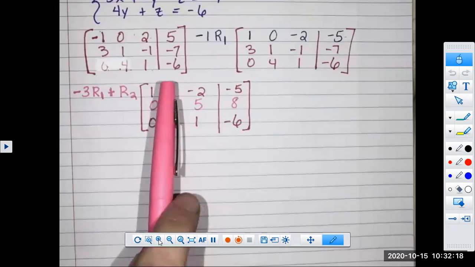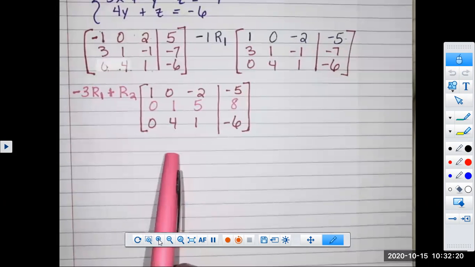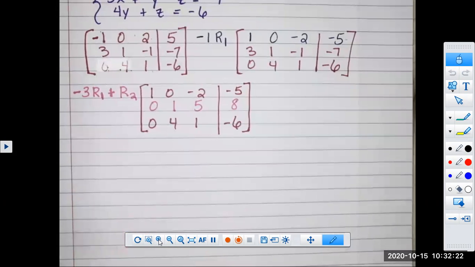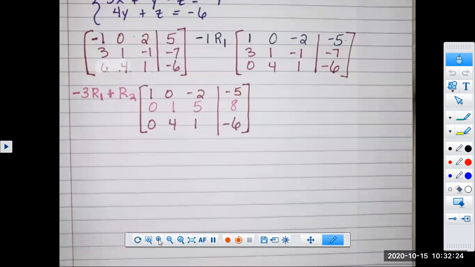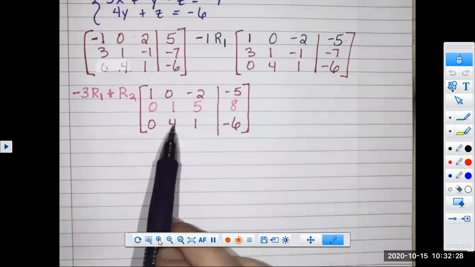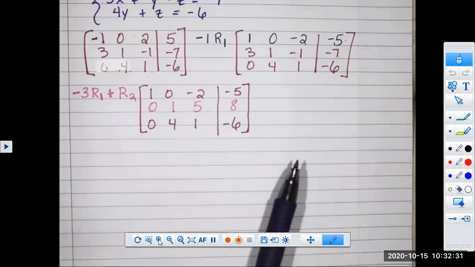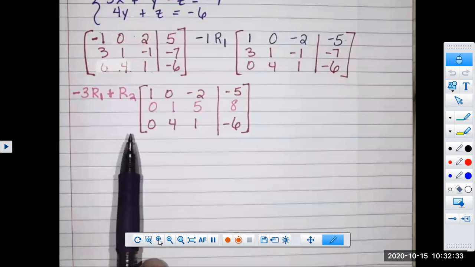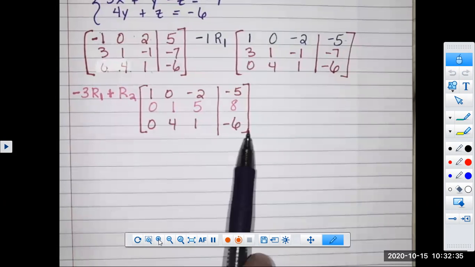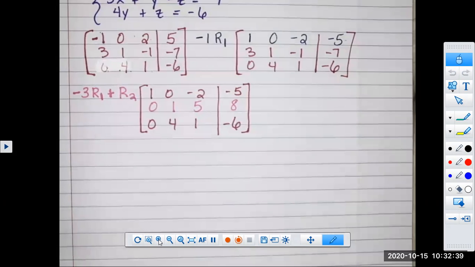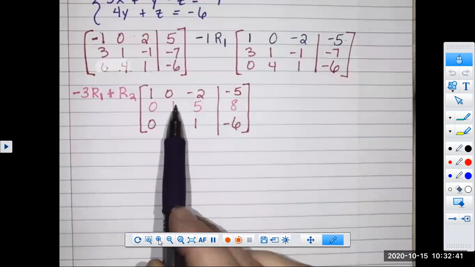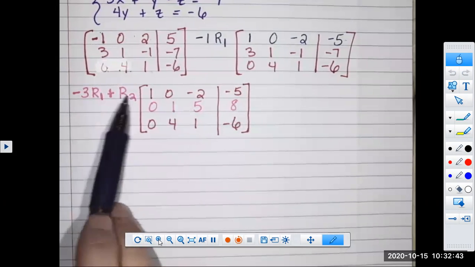So now let's move on to the second column. Look, what is the only number in the second column you need to change? Good. But since I want to make it 0, you can't, I know some people in the past wanted to go through and multiply a whole row by 0, and you can't do that. You have to use this row that contains 1 in a very similar manner to what we just did.